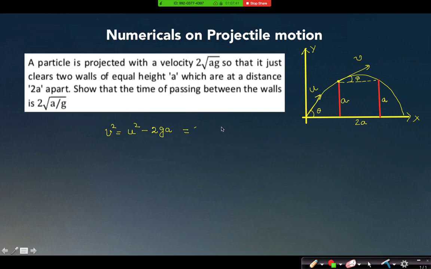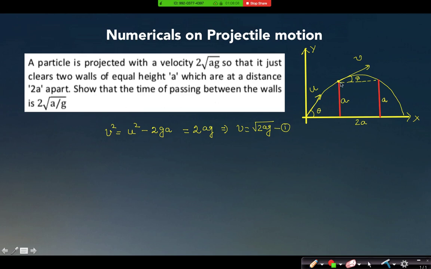So v square equals 2ag. So that is the first equation I have got, that v is equal to root over 2ag. Look how easily this equation deals with magnitudes only. It deals with the speed and magnitude only. No vector sign is needed. That is why it is a very easy equation to use.